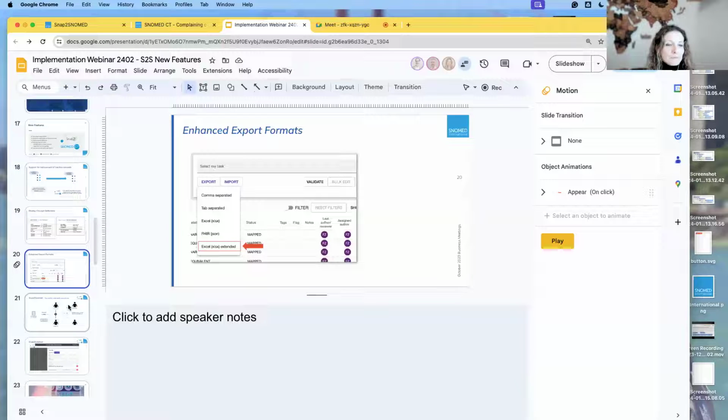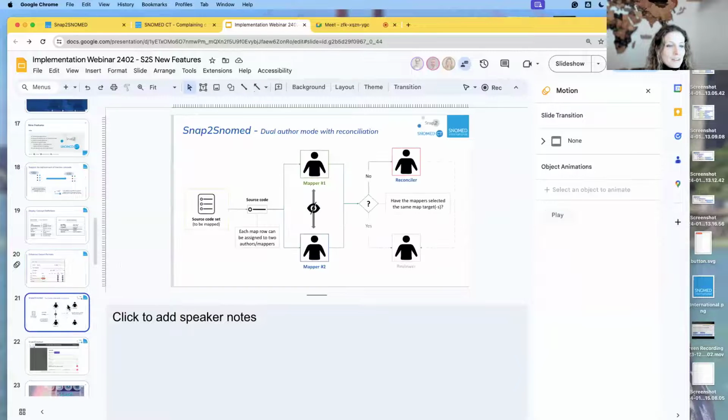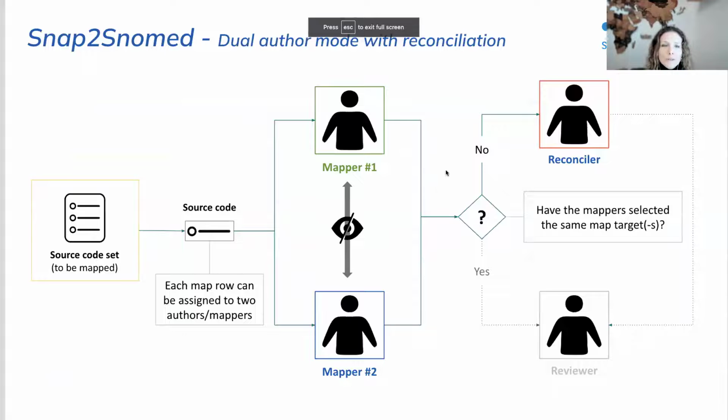Super, thank you. Okay, so now let's go into the new workflow, which is the dual author workflow. This is different from the one that Alejandro showed, in that you can now have two persons mapping the same source code.